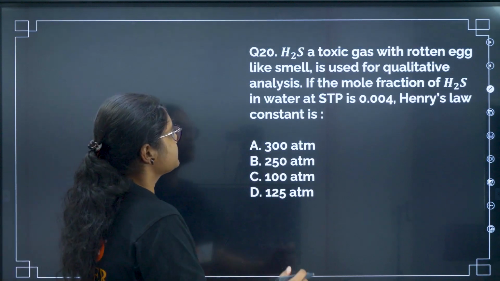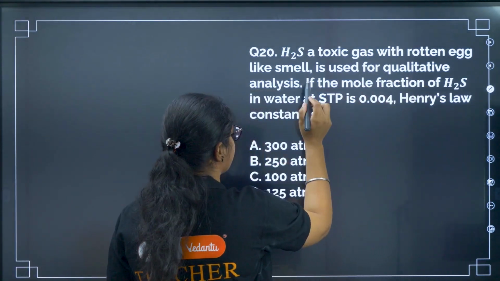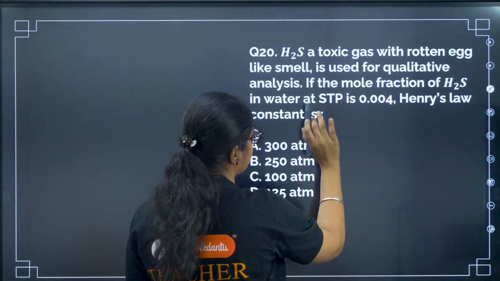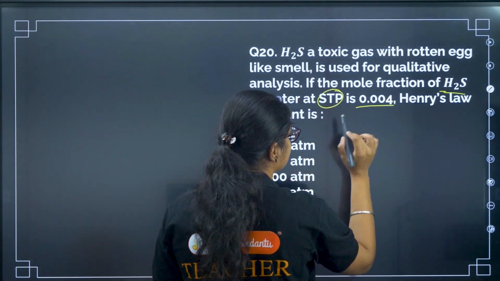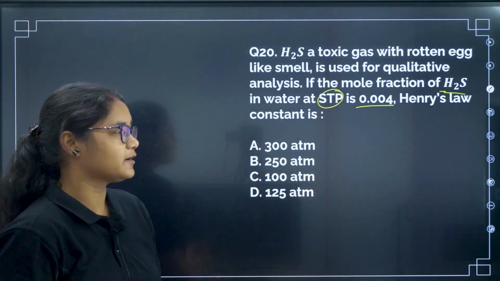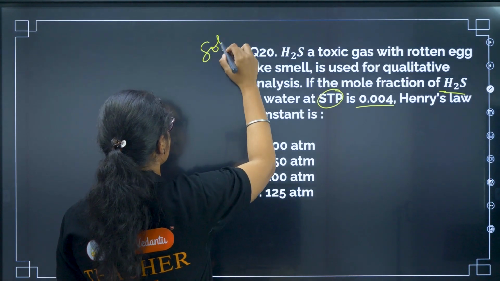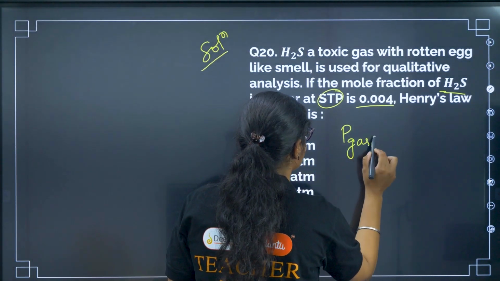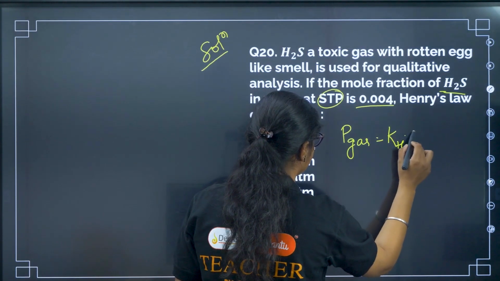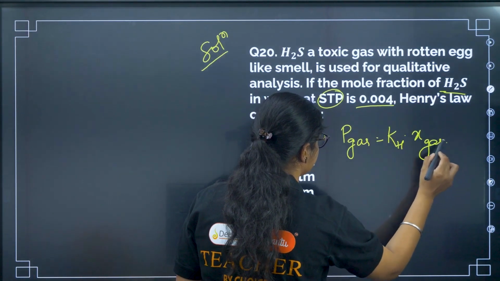Next, H2S is a toxic gas with rotten egg smell, used for qualitative analysis. Mole fraction of H2S in water at STP is given to you. Henry's law constant. So again we came to solutions chapter. Easy one, direct Henry's law formula. P of the gas is equal to KH into mole fraction of the gas.